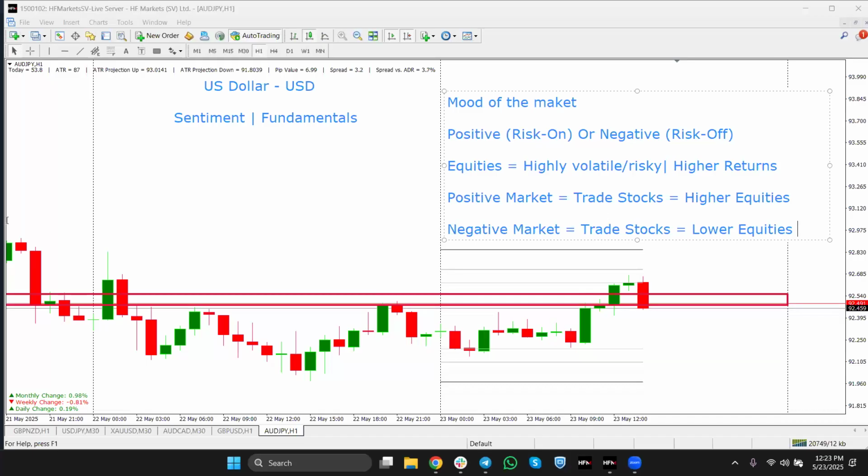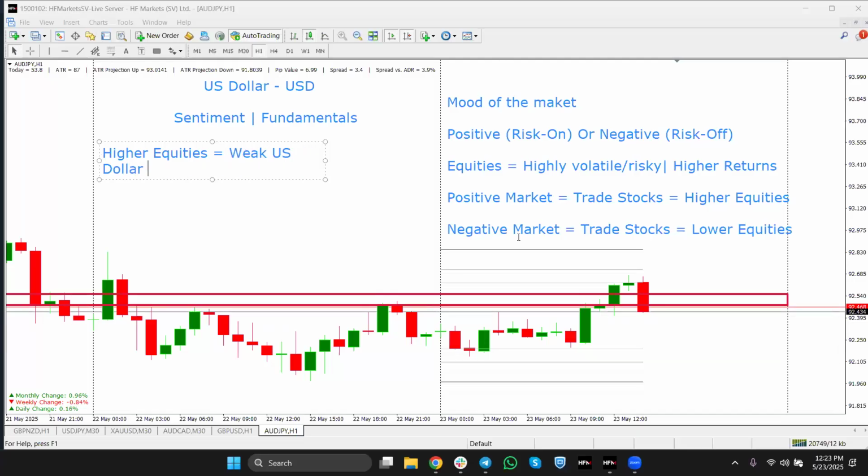So if we see higher equities, we expect that to weaken the dollar, a weak US dollar. Why?